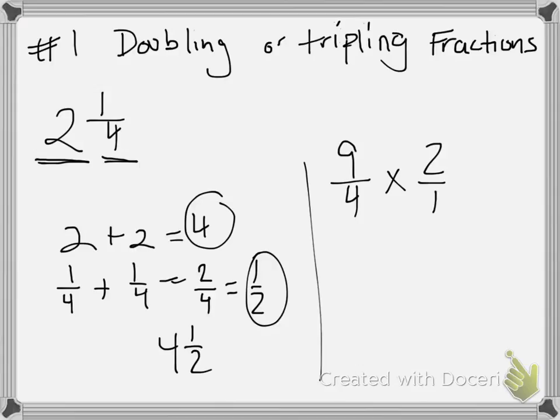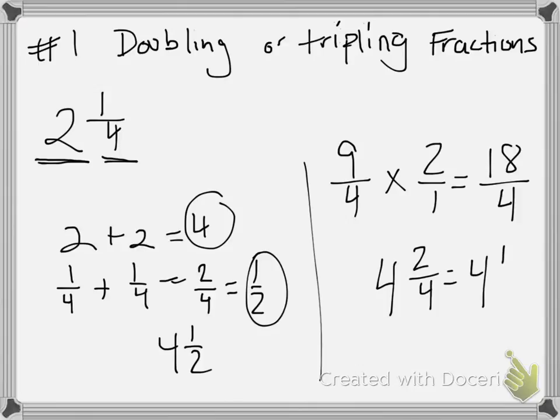I'll do my 2 over 1. And this will equal 18/4. And 4 would go into 18 4 times with 2/4 left over. And I know I can reduce that to 4 1/2. Alright, so there's two different ways to see that.